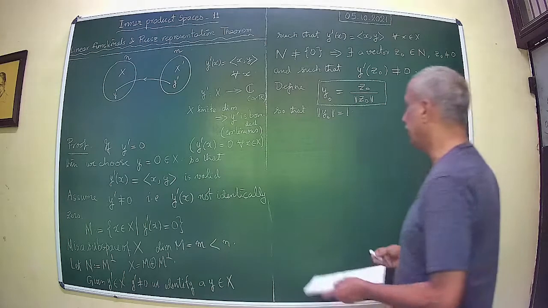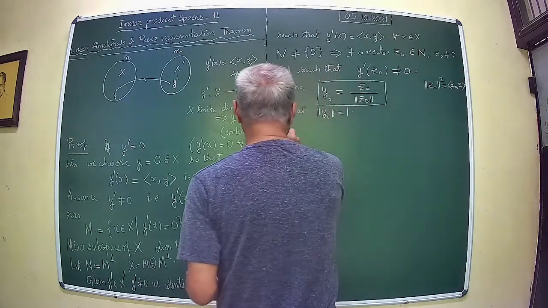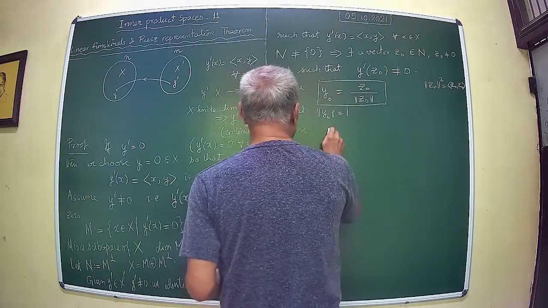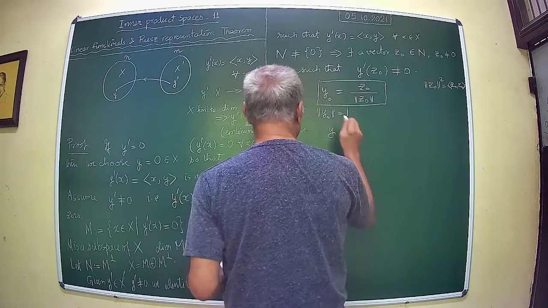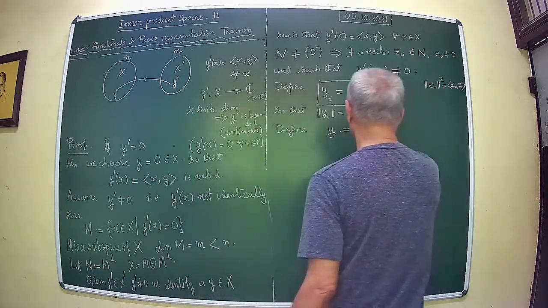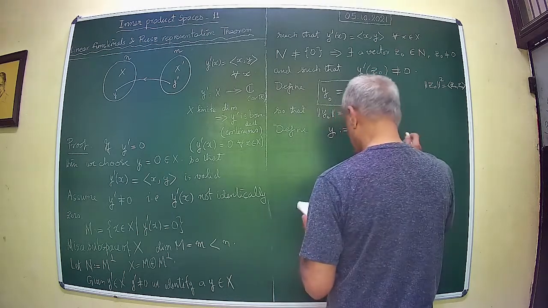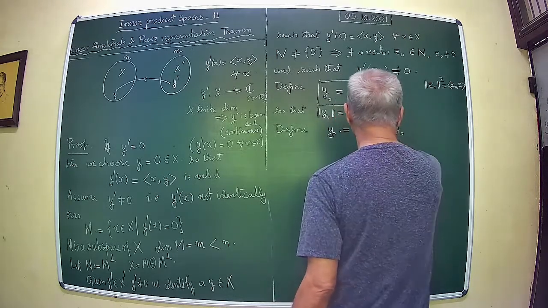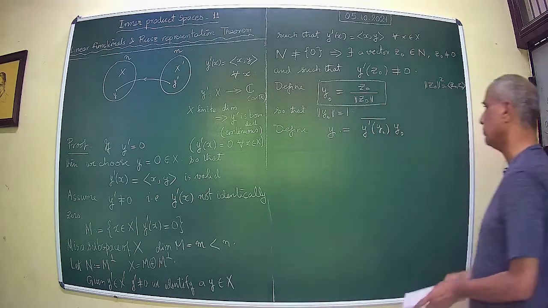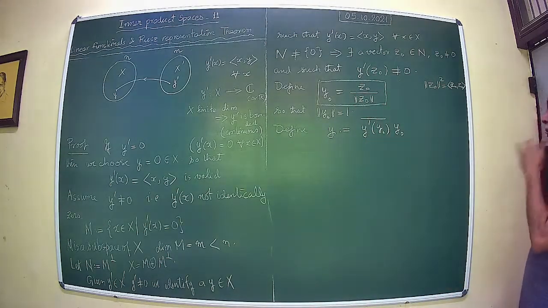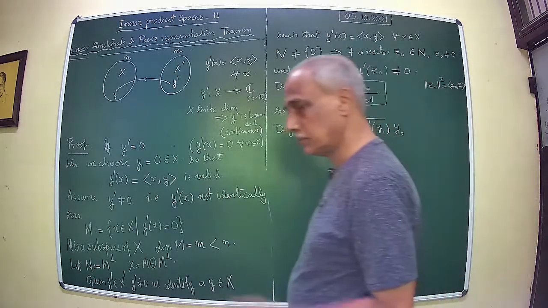So we define a vector y prime, the complex conjugate of y prime y naught multiplied by y naught.